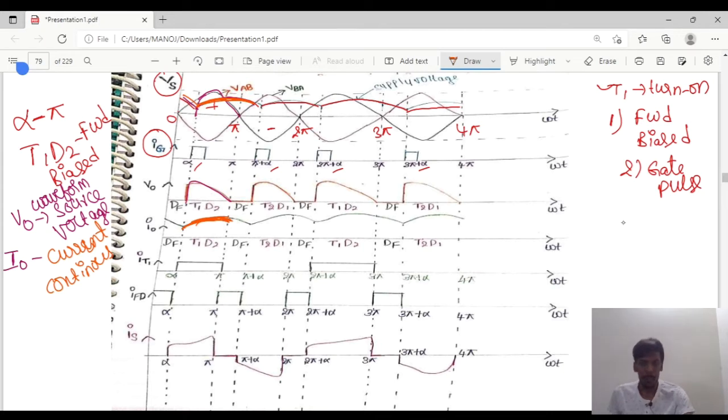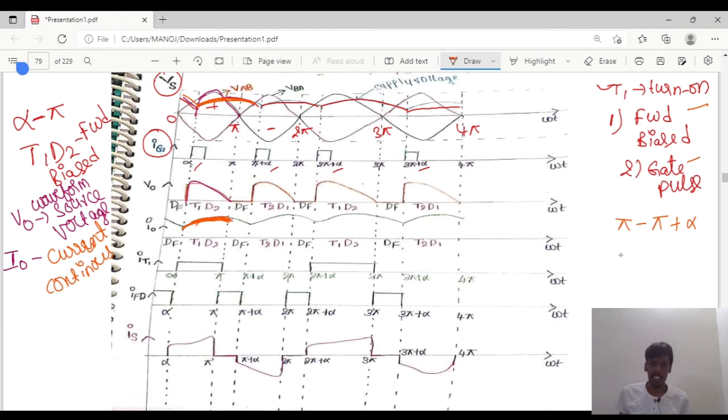Next, from pi to pi plus alpha: there is no gate pulse applied to any thyristor. To turn on a thyristor, it should be forward biased and the gate pulse should be applied, but the gate pulse is not there from pi to pi plus alpha.